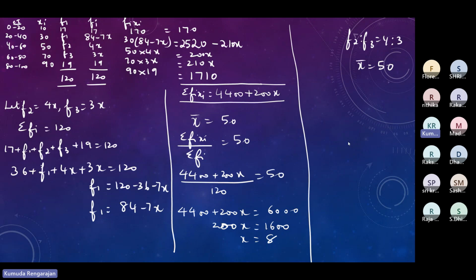So F1, F2, F3. F1 is equal to, what was that? 84 minus 7x. So 84 minus 7 into 8. 84 minus 56, 28.